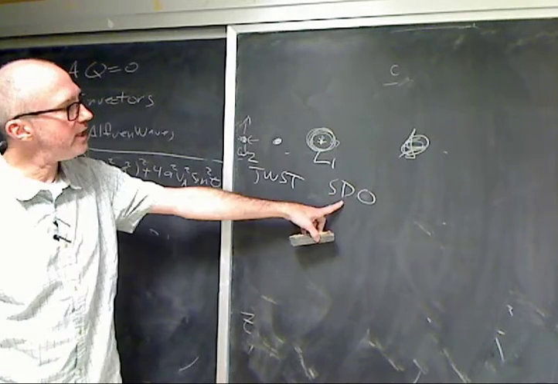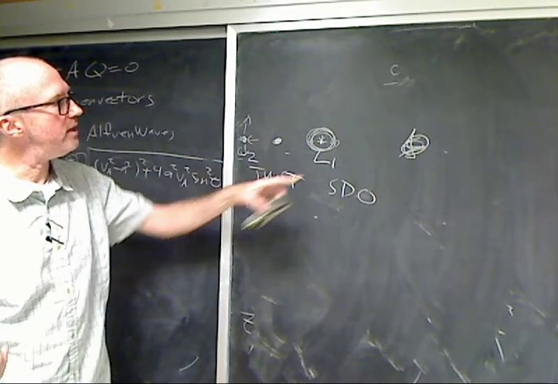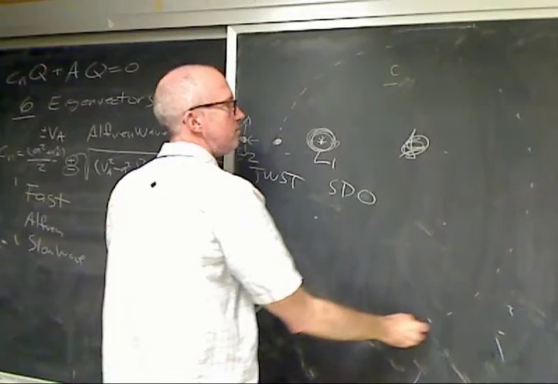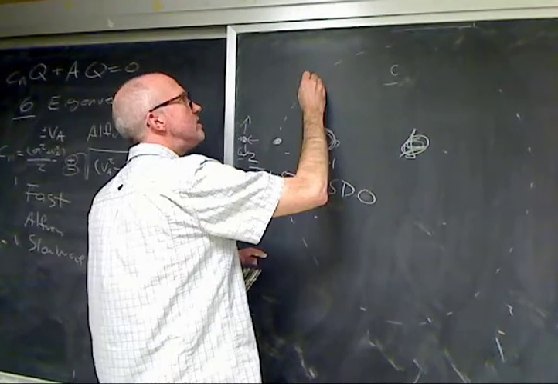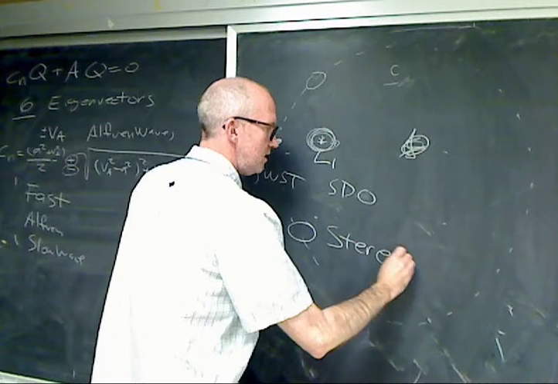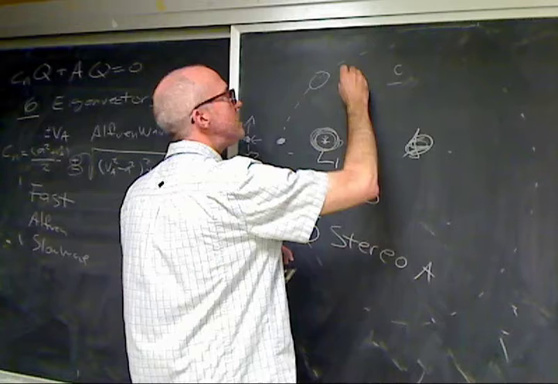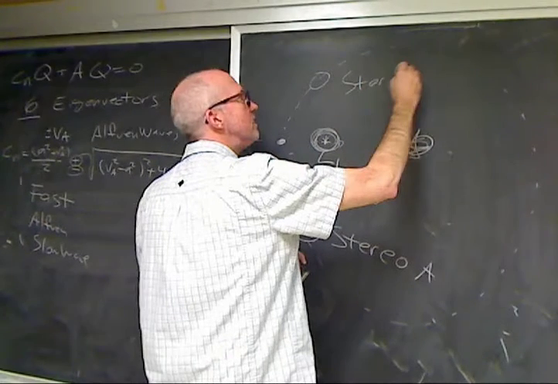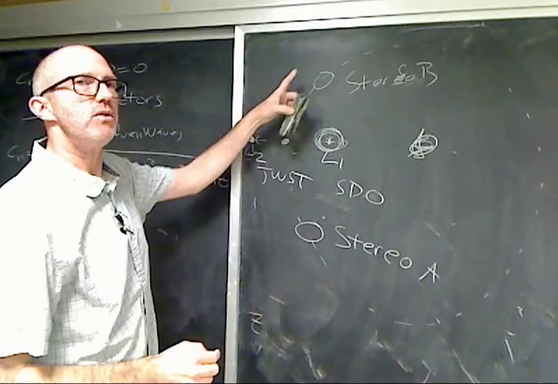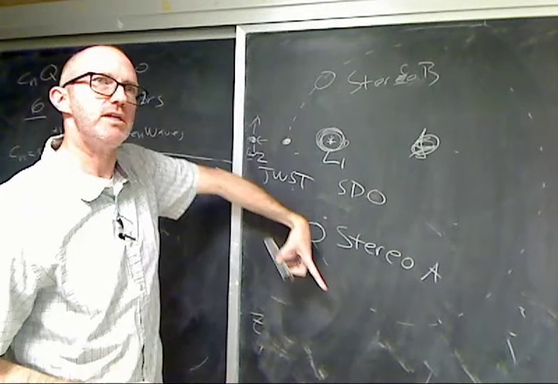So the Solar Dynamics Observatory is at L1. There's another pair of satellites called Stereo. There's Stereo A and Stereo B, which one is in an Earth-trailing orbit and the other is in an Earth-preceding orbit.